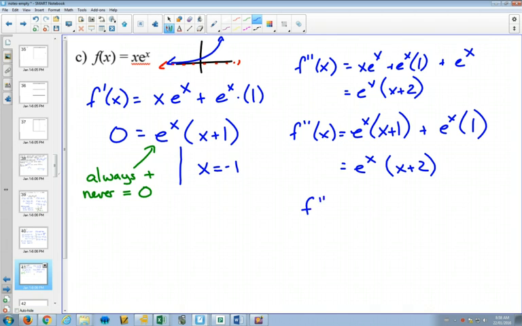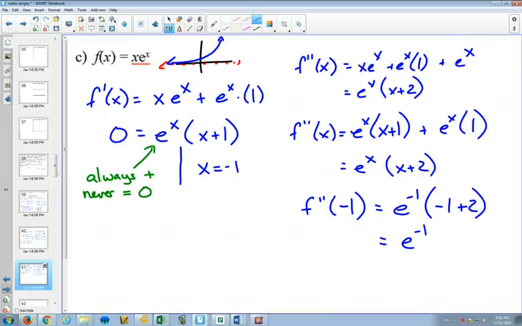And when we plug -1 into here, we get e to the -1. Is e to the -1 positive or negative? Positive, because it's equal to 1 over e.